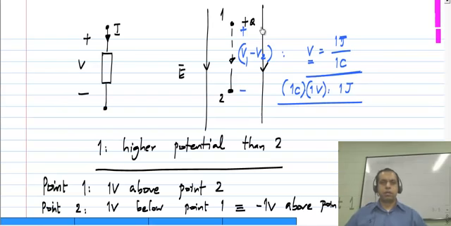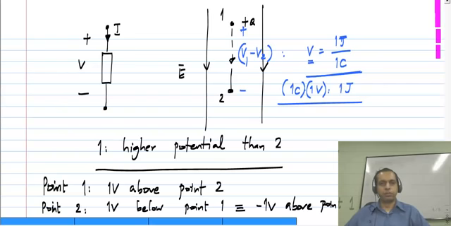Now this is kind of obvious. It's like saying the upper floor of a building is 10 meters above the ground floor. That's of course legitimate. We could also say that the ground floor is 10 meters below the upper floor, and we could also say that the ground floor is minus 10 meters above the upper floor. It's a weird way of saying it.